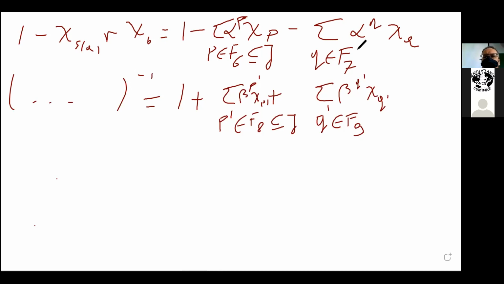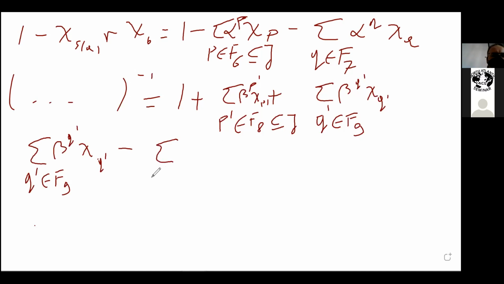So let's see what these 3 terms are. So I have the sum over Q prime in F9, beta Q prime chi Q prime. Then I have a minus the sum over F7, sorry, and I have here alpha Q chi Q. And I also have to subtract, well, now it depends in which order we multiplied things. It's not really important.